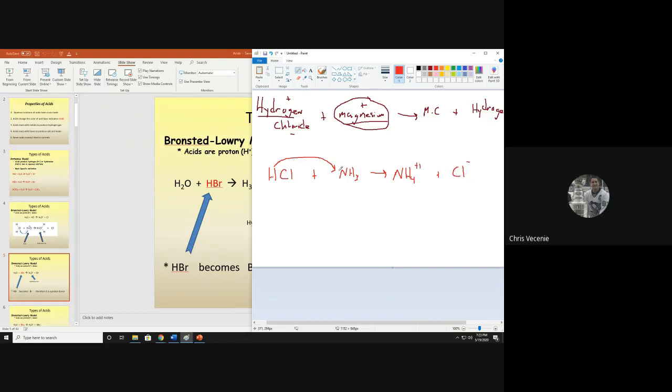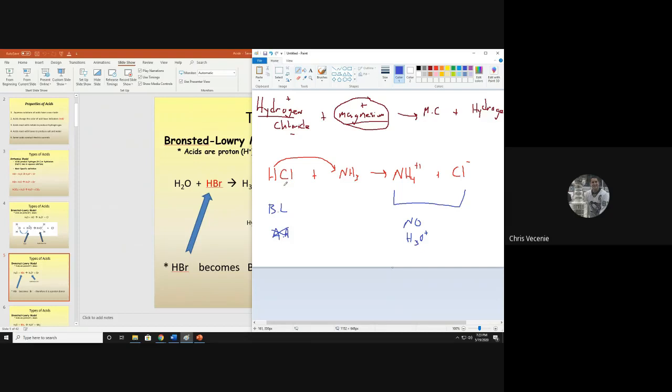And it's donated a proton. It has given a proton away, but notice what you don't see over here. There is no H3O plus ion. We have NH4 plus and we have Cl negative. So this is a Bronsted-Lowry acid, but it is not an Arrhenius acid. So that's what one would look like if it were a Bronsted acid, but not an Arrhenius acid.